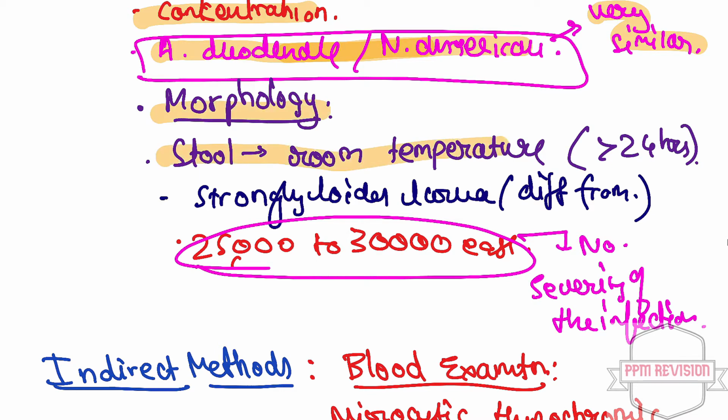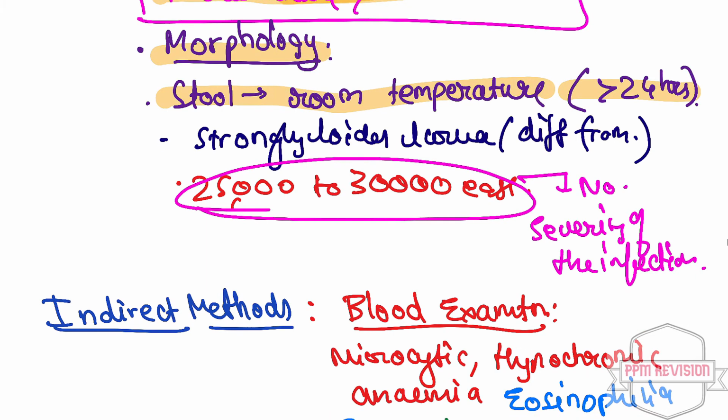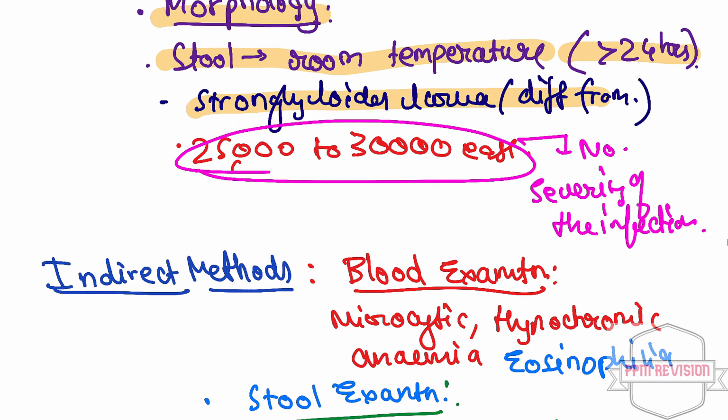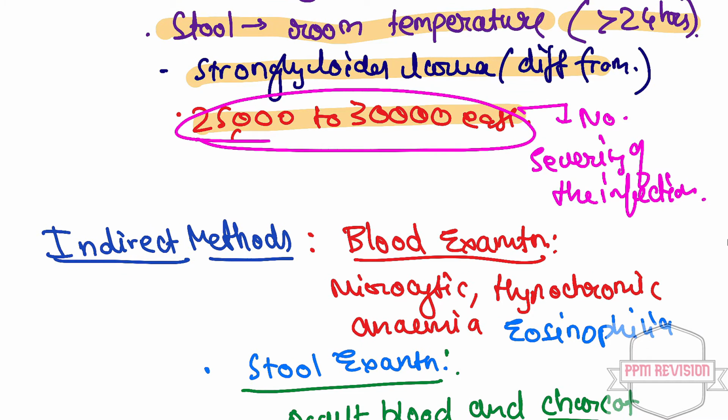Then the stool is stored at room temperature for more than 24 hours, and it should be differentiated from that of Strongyloides larva. The adult female hookworm lays about 25,000 to 30,000 eggs, and the number indicates the severity of the infection.